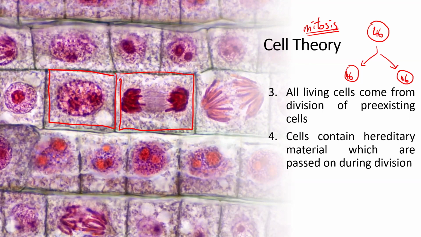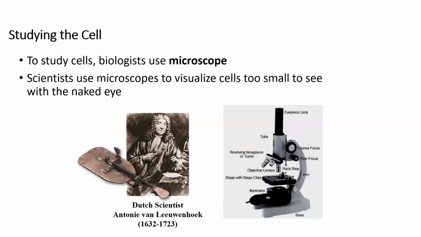All right. So cells are really small. You can't really see them. Like you can look at your hand, but you can't see the cells that make up your skin, right? And in order to study cells, we need to use a microscope. The first microscope was created by this person named Antony van Leeuwenhoek.